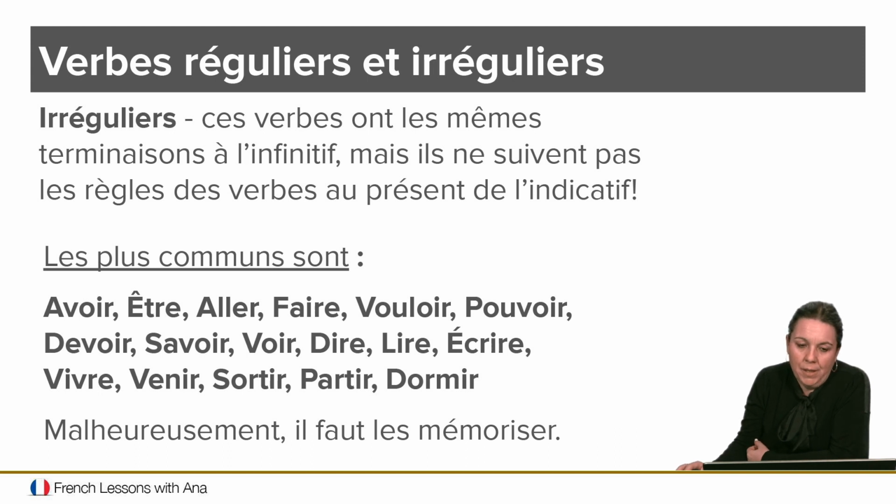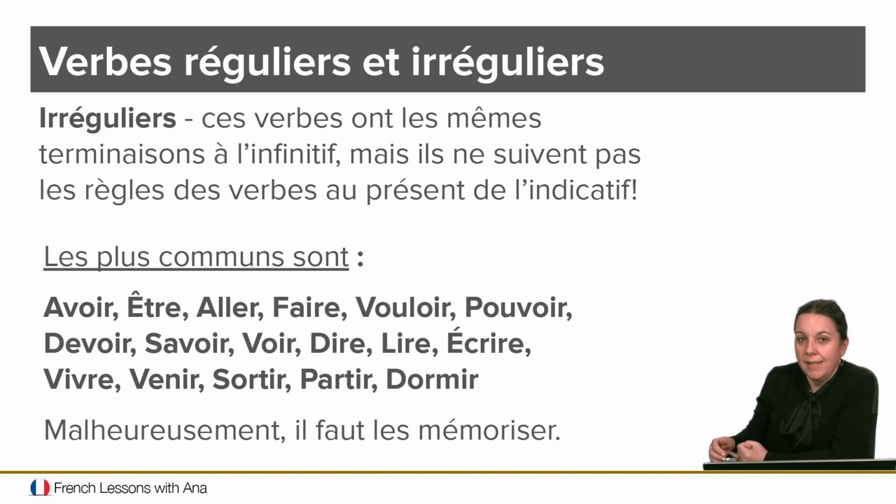What does that mean? Ces verbes ont les mêmes terminaisons à l'infinitif, mais ils ne suivent pas les règles des verbes au présent de l'indicatif. This means these verbs that we are going to look at now that are irregular, okay, have the same endings in the infinitive.